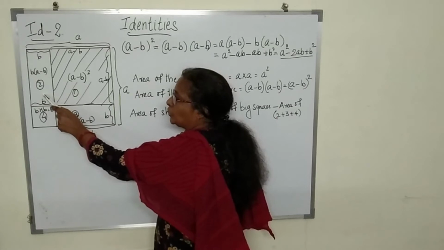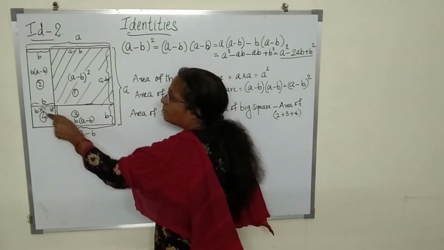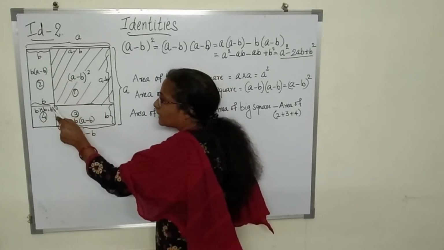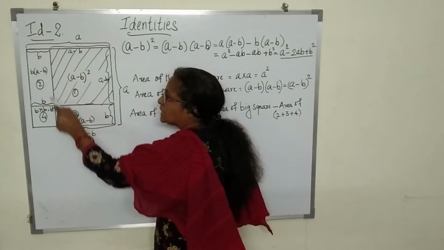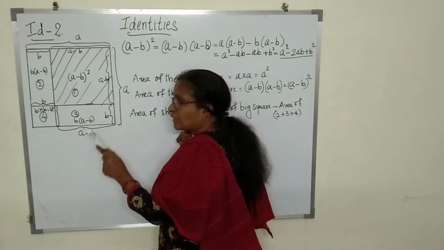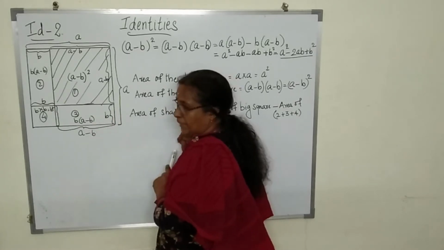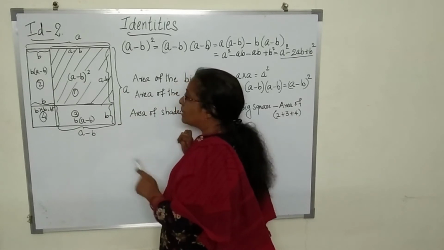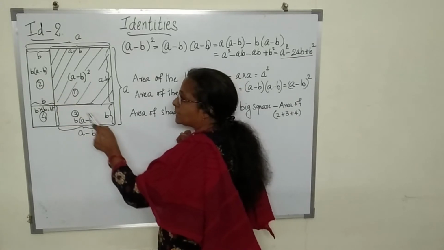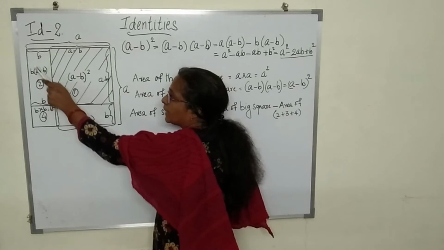What is part 2? Part 2 is a rectangle. What is the breadth of the rectangle? B. And what is the length of the rectangle? A minus B. Similarly, here also the length of the rectangle is A minus B and its breadth is B. So what will be their area? B multiplied by A minus B. Both these rectangles have area B multiplied by (A minus B). Why?